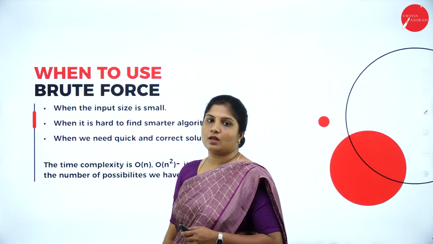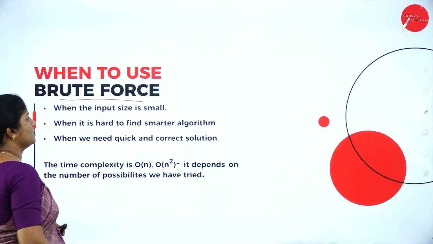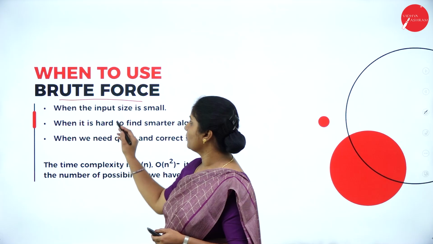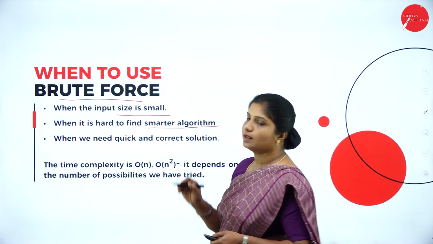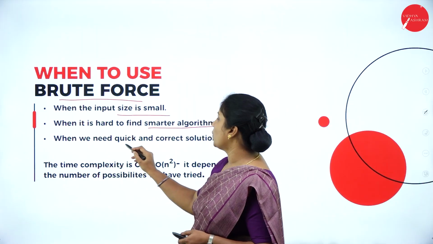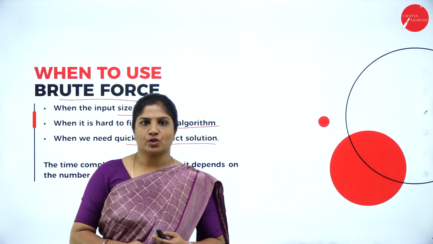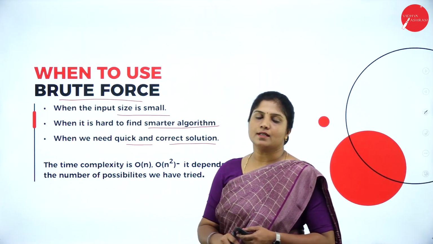Next we will look into when to use brute force. When we have a small input size. Next, when it is hard to find a smarter algorithm. When we need a quick and correct solution. So in these situations, we can use the brute force method to get the solution.